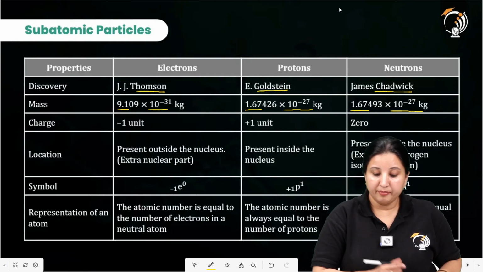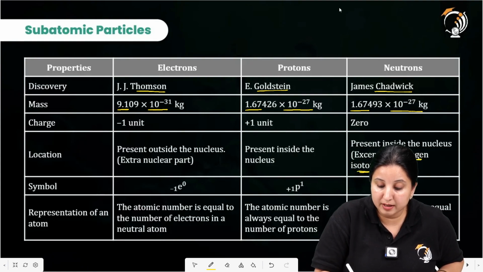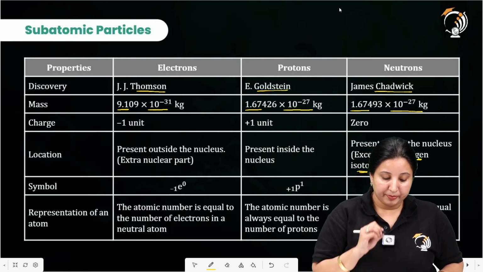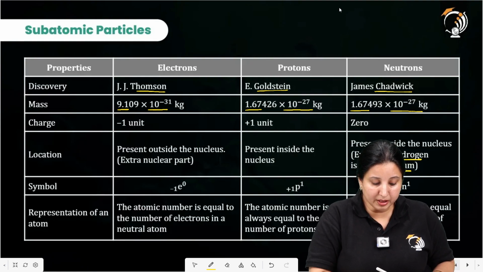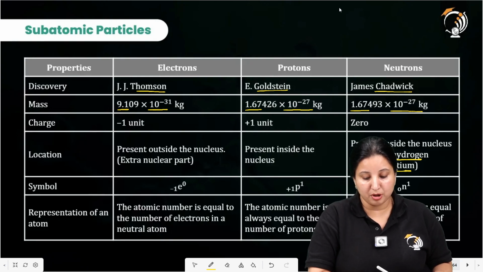One more thing, in the case of hydrogen, and in hydrogen's isotope protium, there is no neutron. Over there the neutron is absent. Looking at the symbols, we symbolize electrons by e, protons by p, neutrons by n.